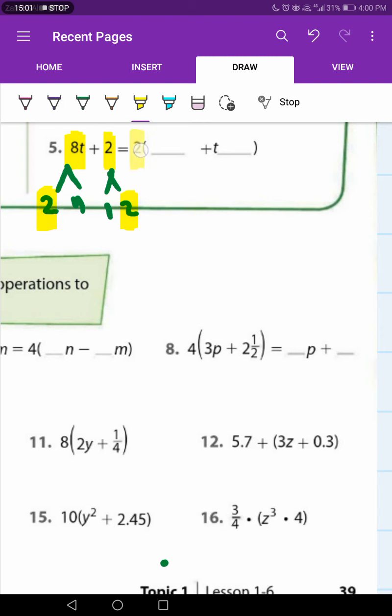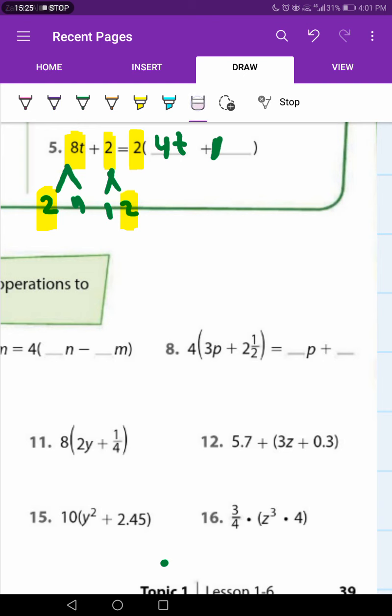What is left inside? He left 4t plus 1. We write it in another way.